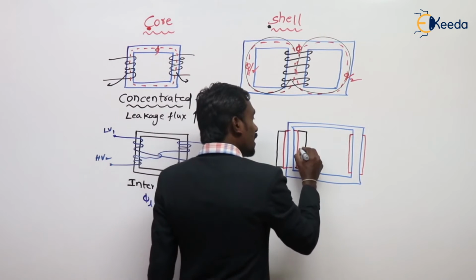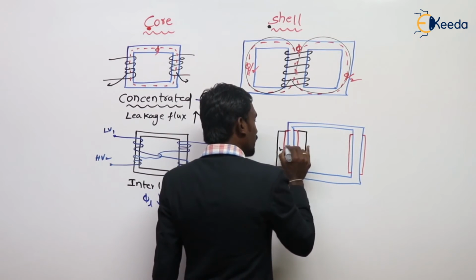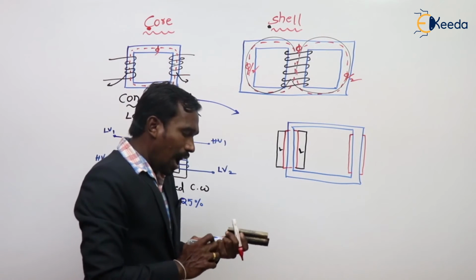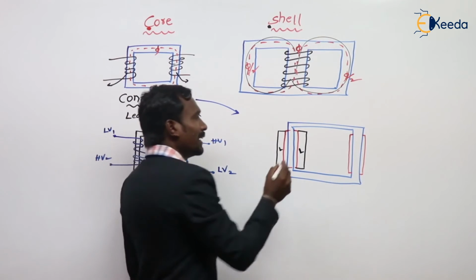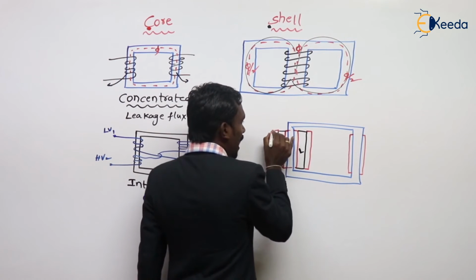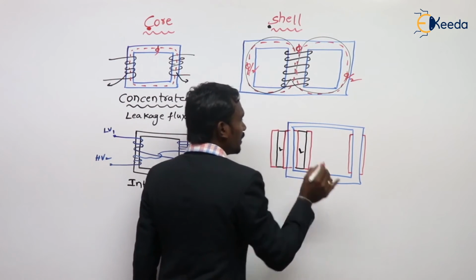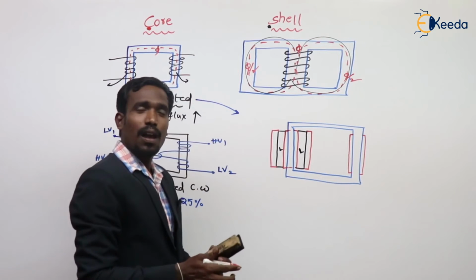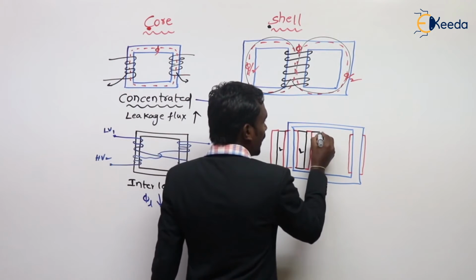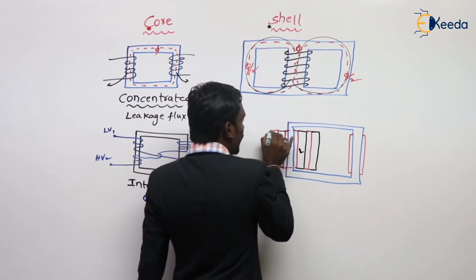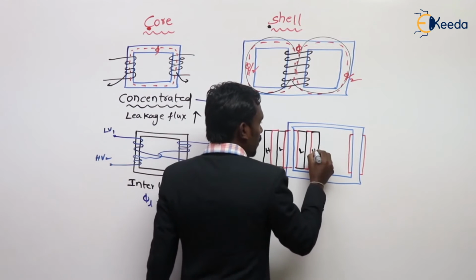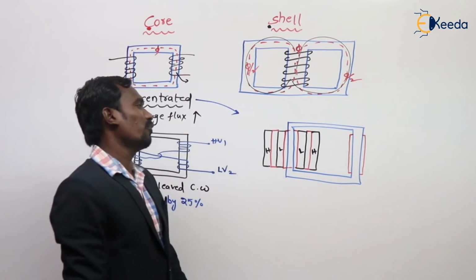This is the LV winding. Upon that LV winding, again we have an insulation. And over that insulation, again we have a winding which is called the HV winding.